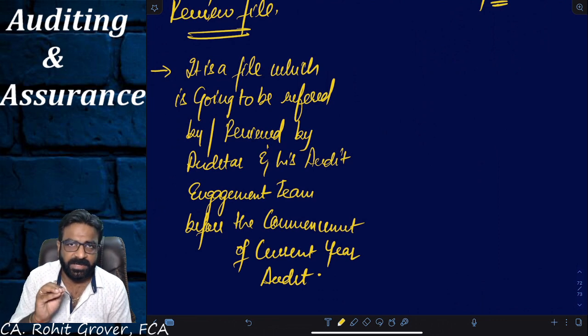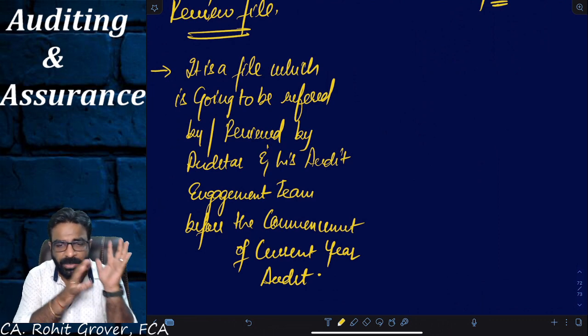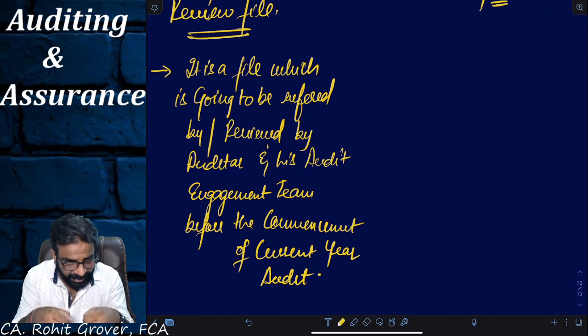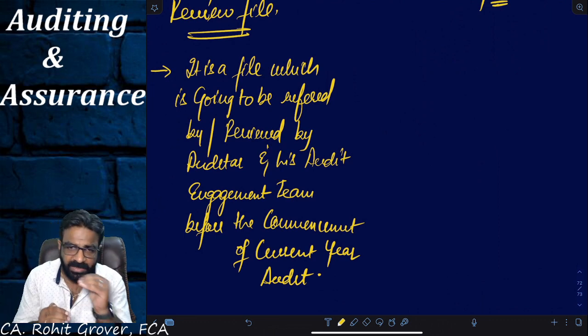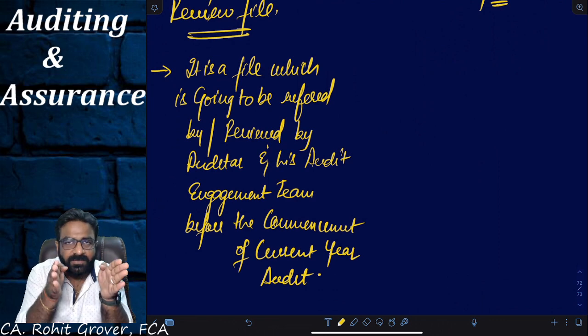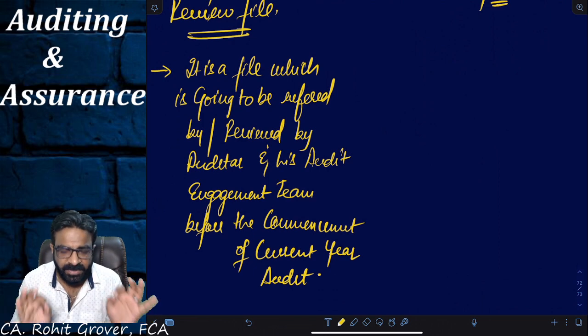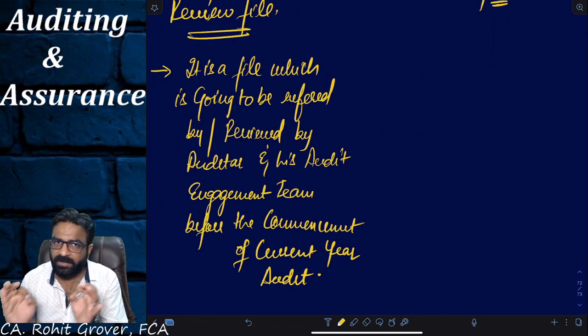Did not start the audit. It means last year files are known as permanent audit working files. So last year documents I'm going to open in the current year so that I can review it, I can refer it, and I can get the direction in which way my current year audit should go. Am I correct or not? This is known as permanent audit working files.